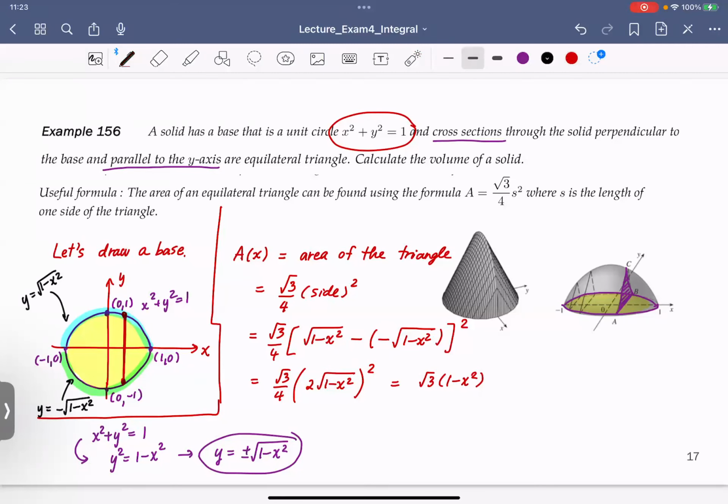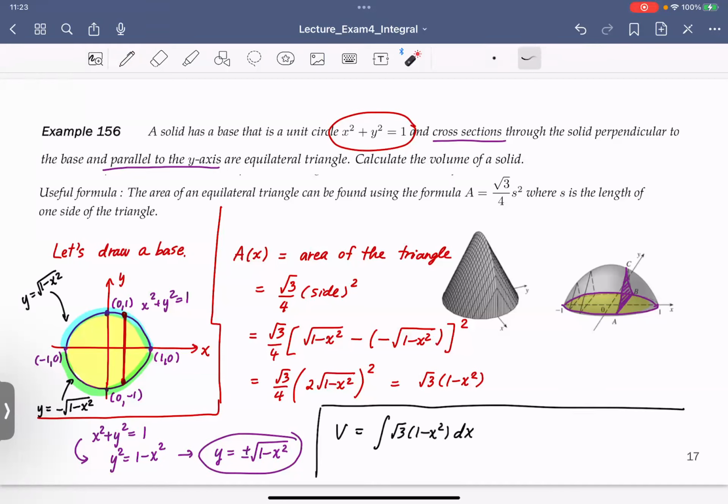That means now the final step is V, the volume of this one is going to be the integral of root 3 times (1 minus x squared) dx, because this is the integral of A(x) dx. This is the part that you're going to integrate. The cut line is going to be from negative 1 to 1.